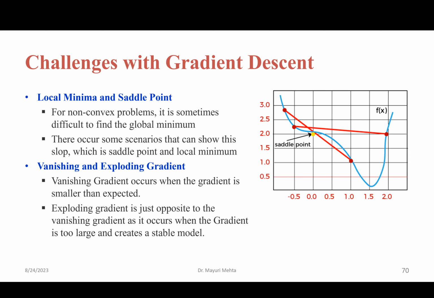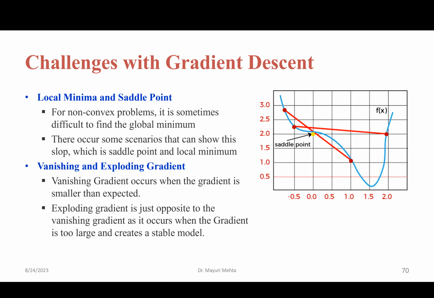The name of saddle point is taken from the horse saddle. On the line, there is one red point on the right side, one red point on the left side, and in between there is a saddle point.